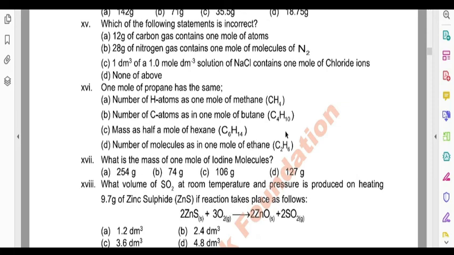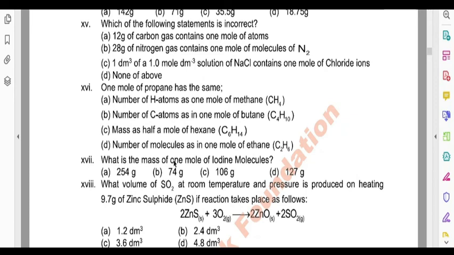So 1 mole of propane has the same number of molecules as anything that is 1 mole. So option D says that the number of molecules of propane is equal to the number of molecules in 1 mole of ethane. So that means it is correct. So option D is the correct option.